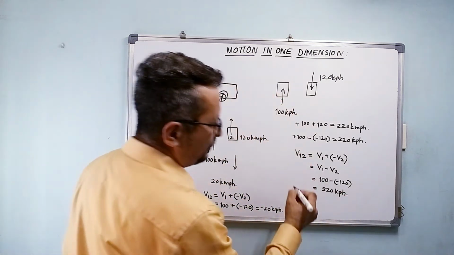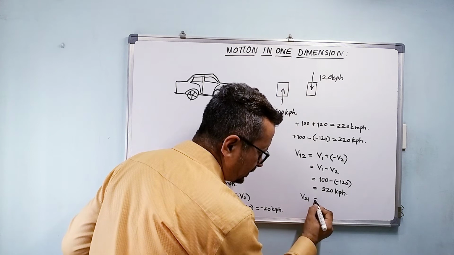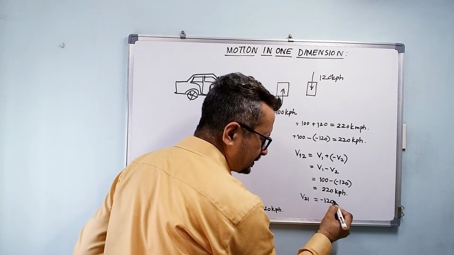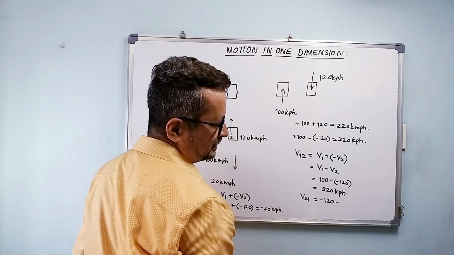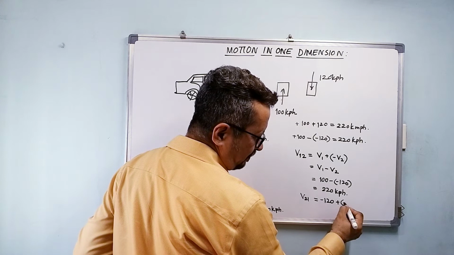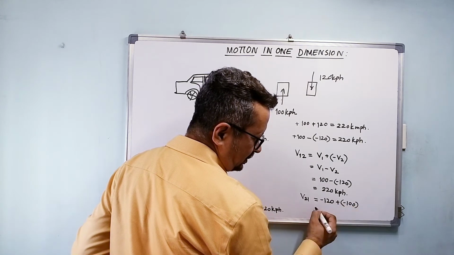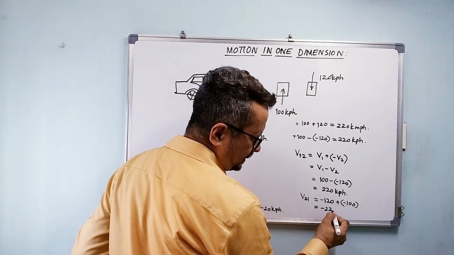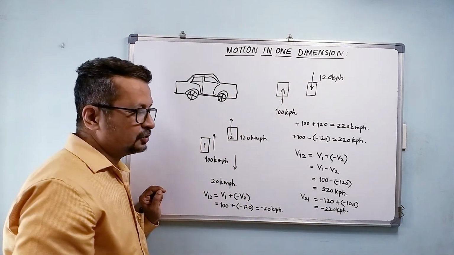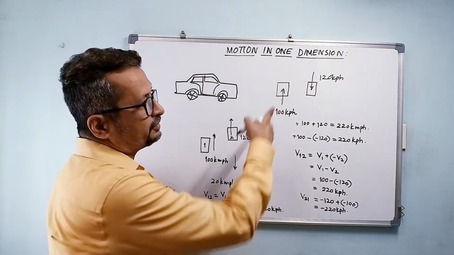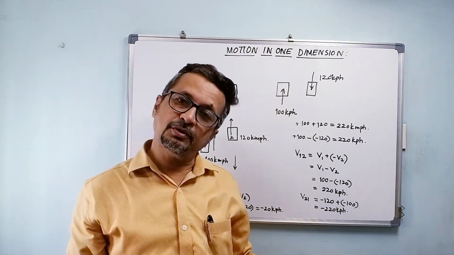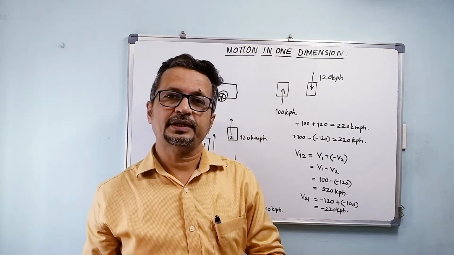Now what about V21 here? V21 here would be minus 120 minus, so it would be plus of minus 100, right? So that would be minus 220, right?